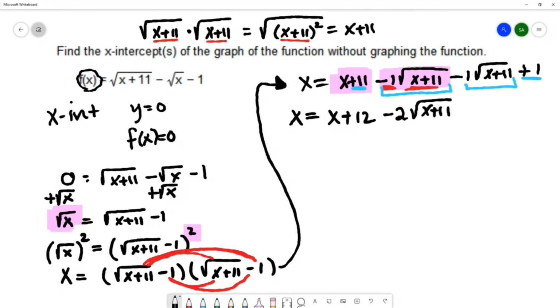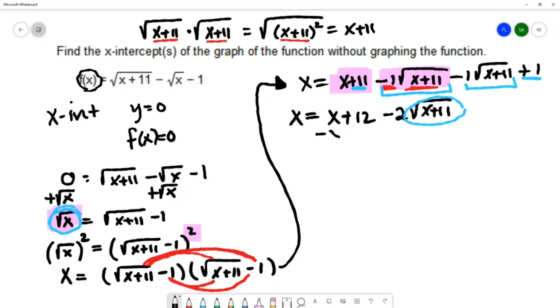And so we have, at this point, accomplished getting rid of this radical right here. However, we still have a radical in the problem, so we have to repeat that process over again. We isolate the radical and square it to get rid of it.